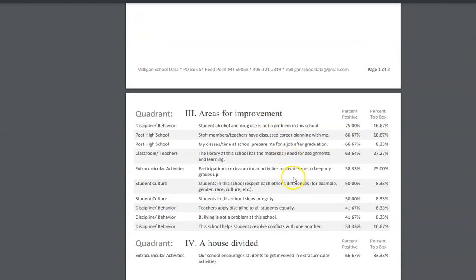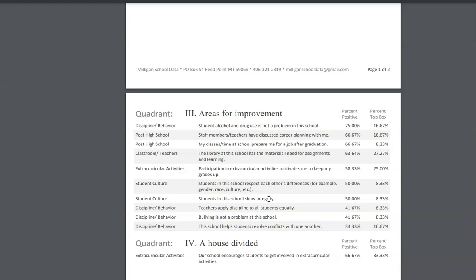So as you're making a goal around some of these questions, I would encourage you to make numeric measurable goals to say, we want this percent top box to go up, we want this percent positive to go up, and not make goals around, we want this question to be a strength instead of an area for improvement.